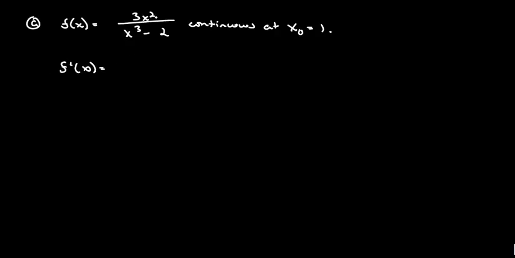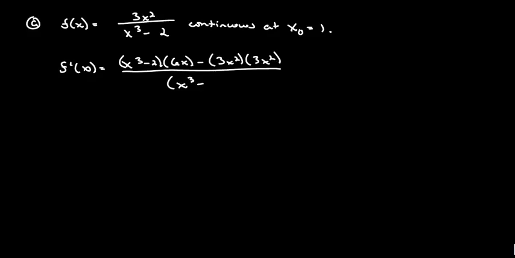To differentiate this, take the low times the derivative of the high minus the high times the derivative of the low, over the low squared. Now, if we plug in 1, the question is, is this defined?